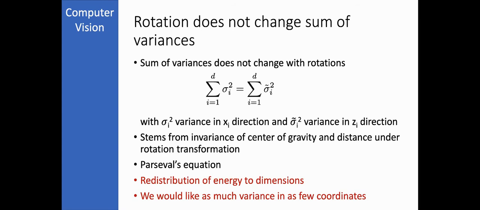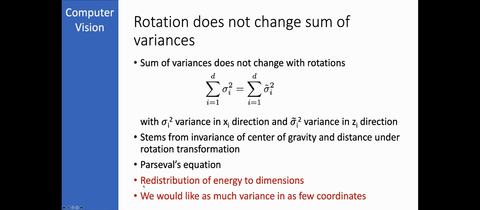We can prove quite easily that if I look at the variances of the original coordinates, sigma i square corresponds to the variance of the data samples that I see in the xi direction, and sigma tilde i square corresponds to the variance in the zi direction. The sum of these variances does not change. So the energy of the system remains constant.